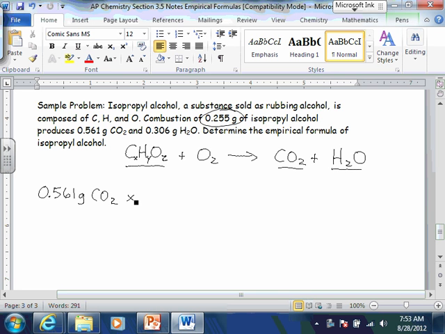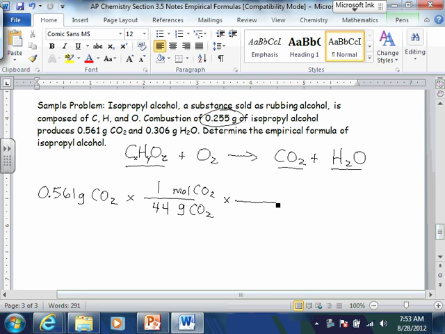Okay, so what we're going to have to do is a mole ratio here. Okay, so we know that in 1 mole of CO2 we've got about 44 grams of CO2. Okay, so that tells us how many moles of CO2 that we have.